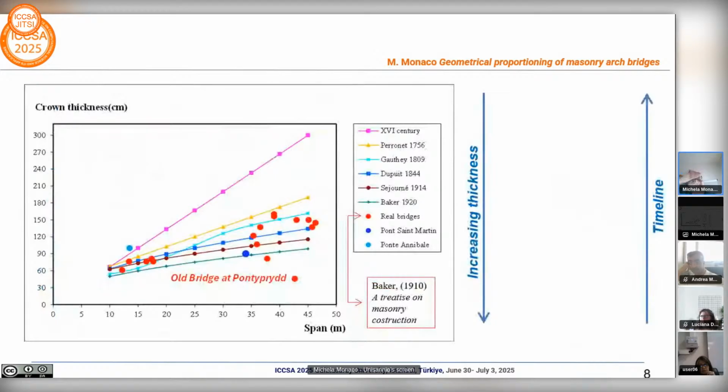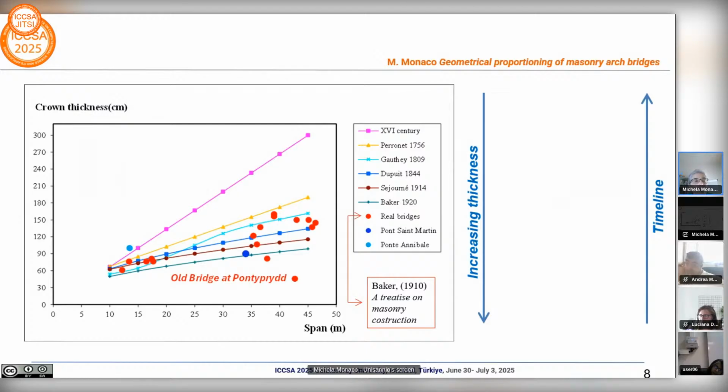So this is a small representation of the variation of the crown thickness with the span. All the red dots are real masonry bridge proportions reported in the book by Baker. As can be noted, almost the totality of them present crown thickness in the range under the Perronet formula.